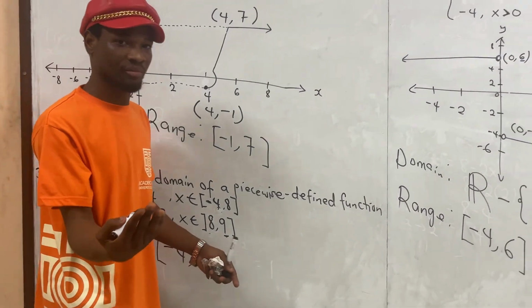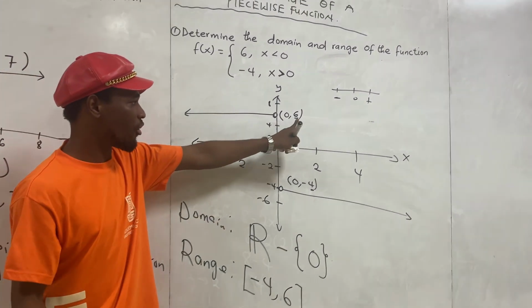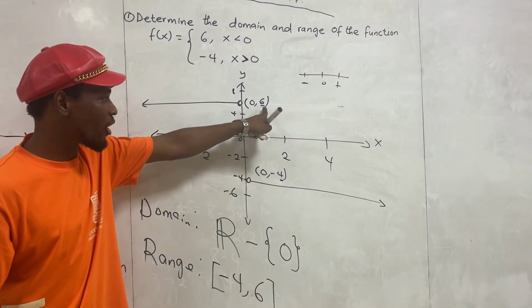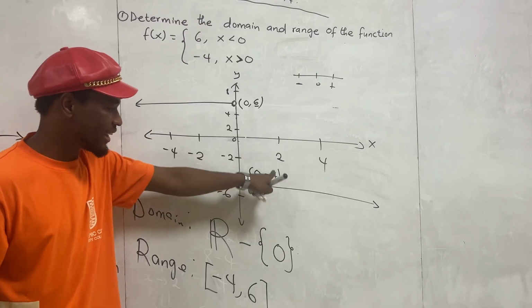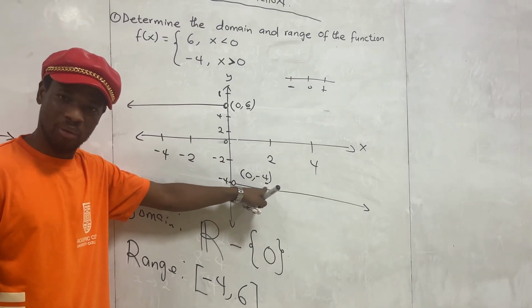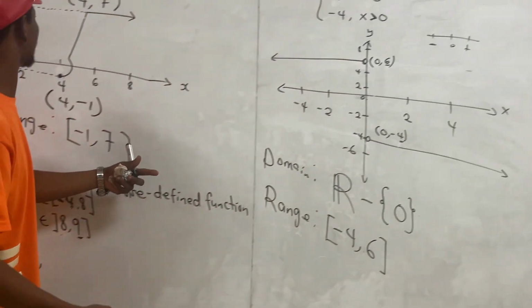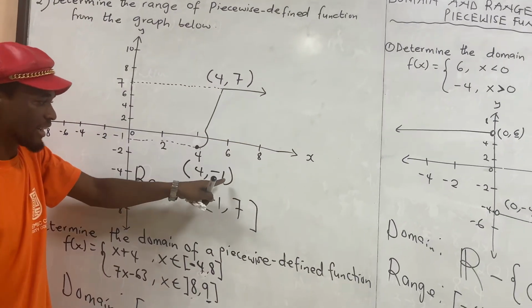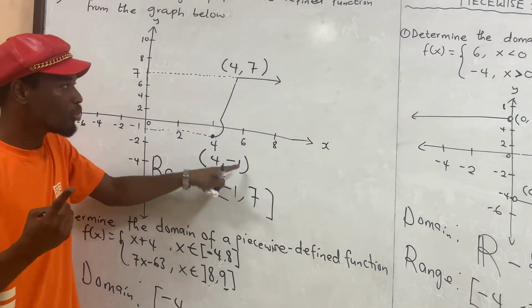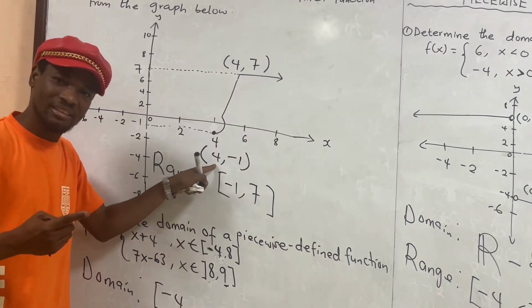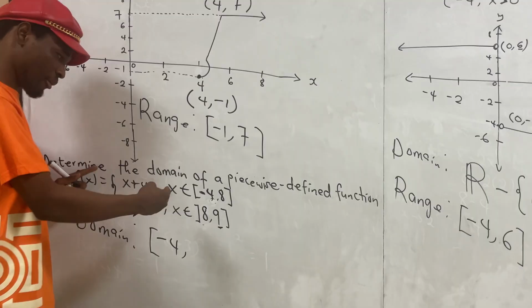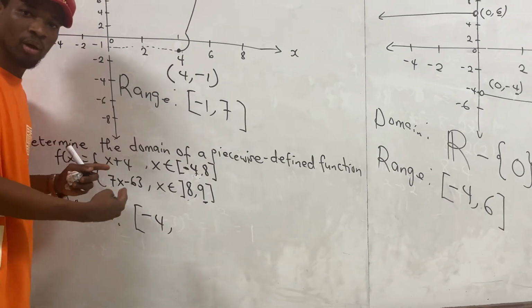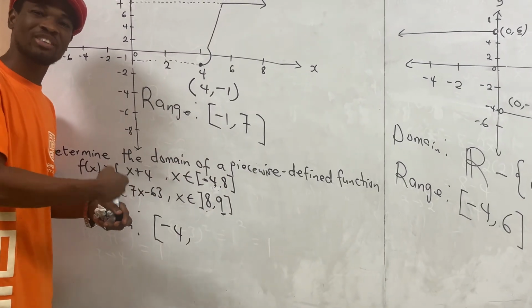So for instance, viewers, here for the range, I can consider this and that. Do you get it that way? Good. But for this one, you have to consider this and that, and the domain will be this and that. But for situations like this, we are trying to adopt a fast way.